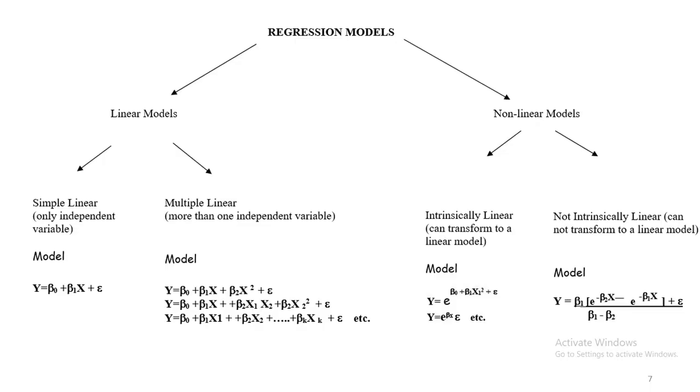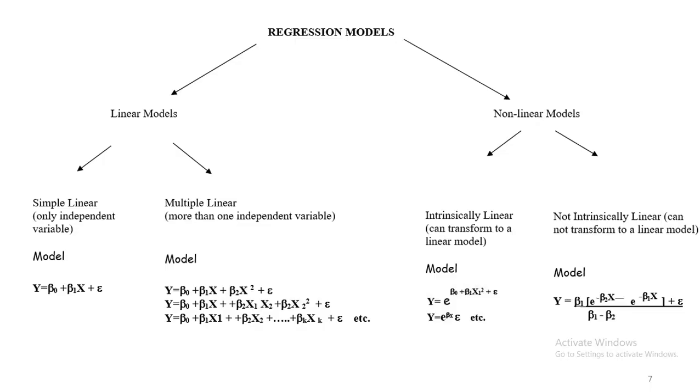And if you take y is equal to e to the power beta x times epsilon, then taking the logarithm of both sides, ln y is equal to ln beta plus ln x plus epsilon. So that is again a linear model.